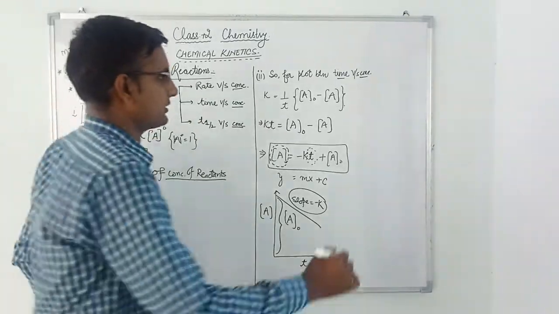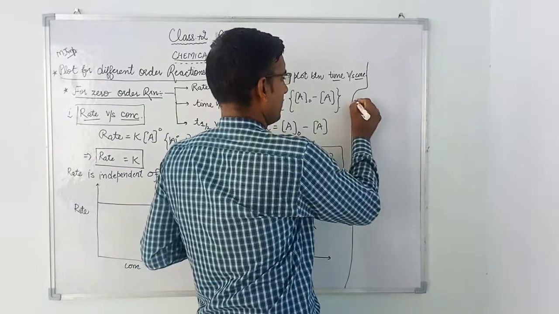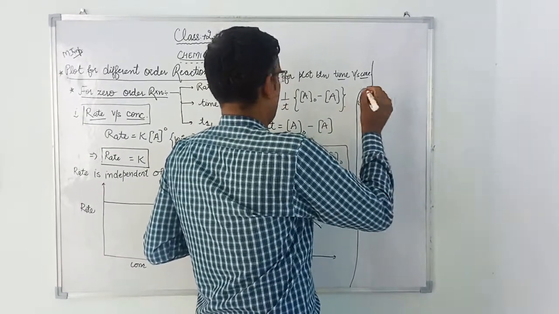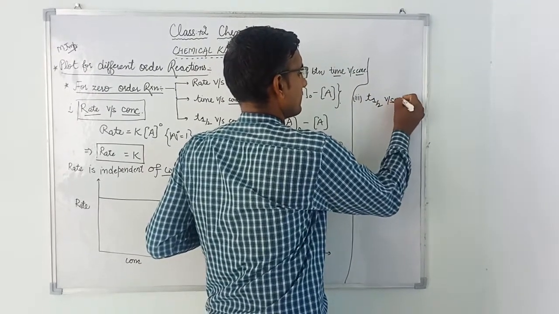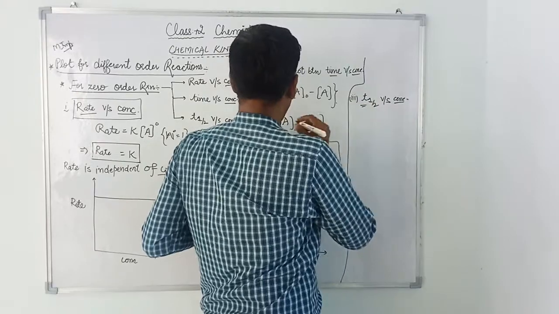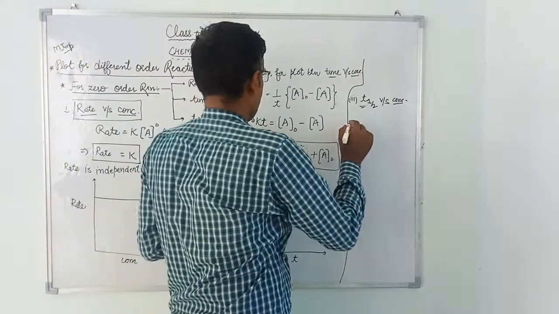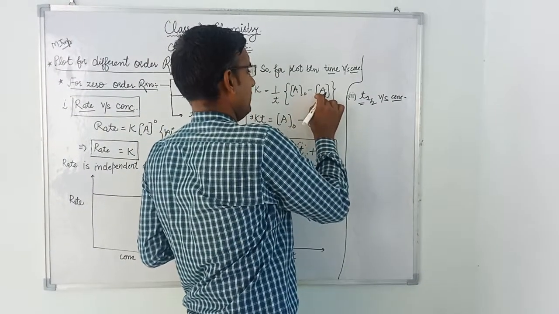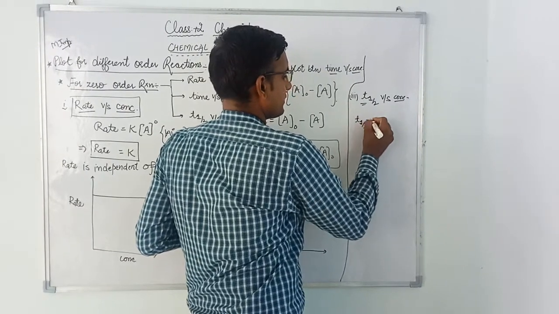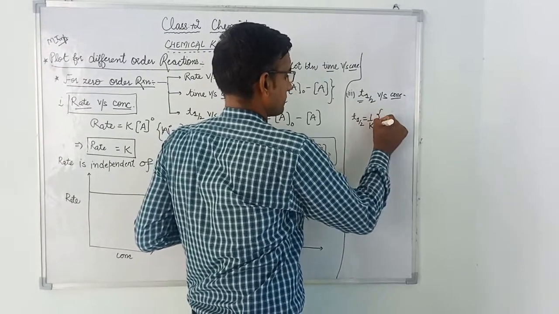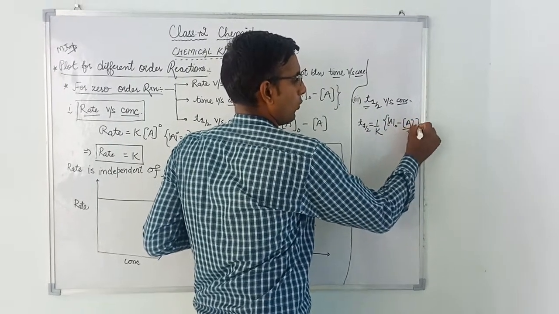Now going for the third plot, for t half versus concentration. From here, if we put in this relation t half, at concentration A by 2, t half is equal to 1 upon k, A naught minus A naught by 2.